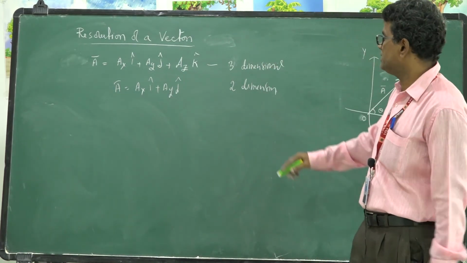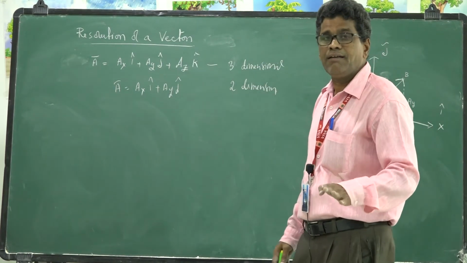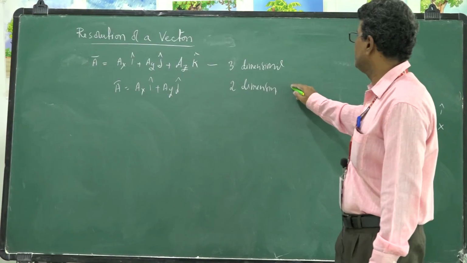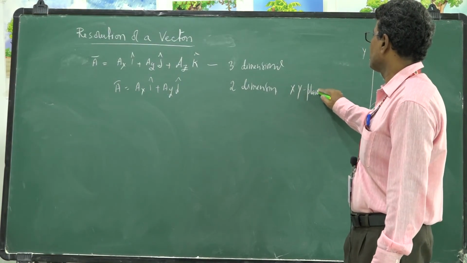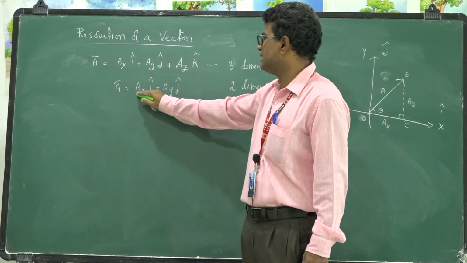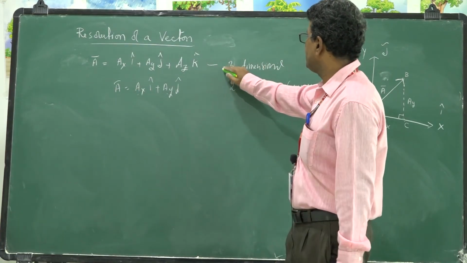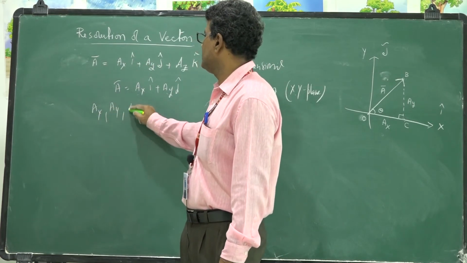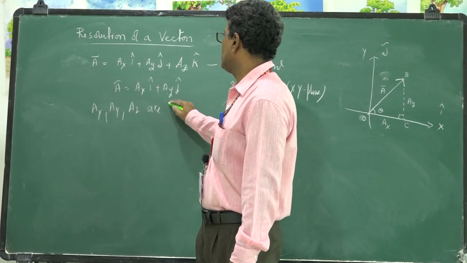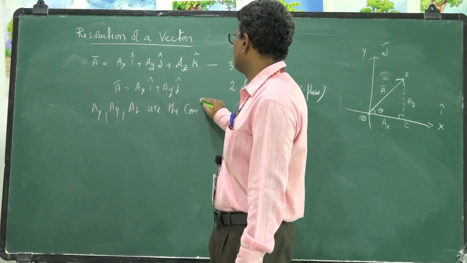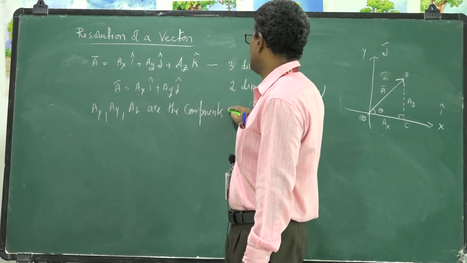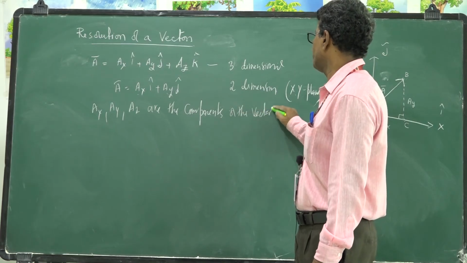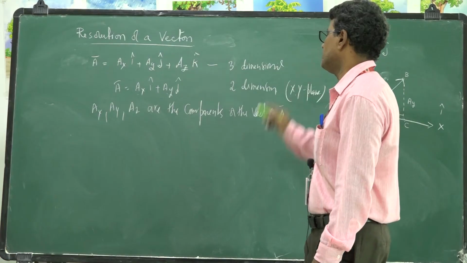By seeing these components, we can say in which plane the vector lies. Suppose Ax and Ay: the vector lies in the xy plane, because these are the x component and y component. If it is 3-dimensional, Ax, Ay, Az are the components of the vector A bar.